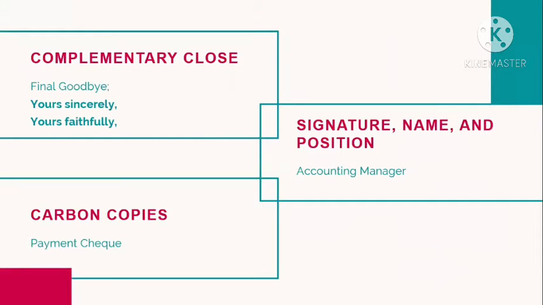Next, complimentary close. This is the final goodbye: yours sincerely, yours faithfully, or cordially. But if informal, you can use best regards, as ever, or just regards. The next, signature, name and position. For example, accounting management. And the next, carbon copies. This is a payment check.